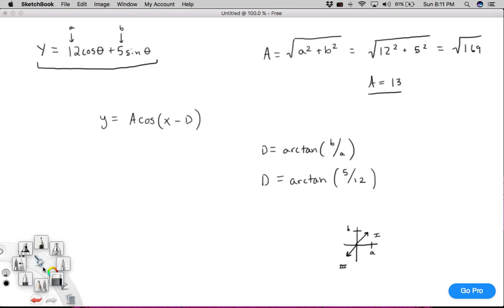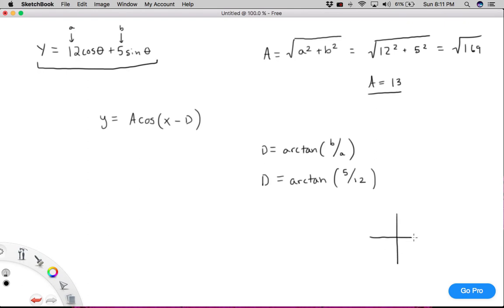Actually, what I'm going to do is draw you a little map. So your a value, that's the cosine. So over here you have positive a. Where is the cosine positive, or the coefficient? And then you have negative a values over here on the left.